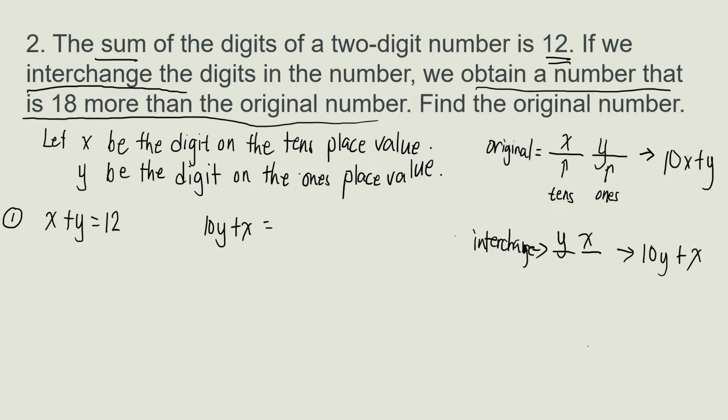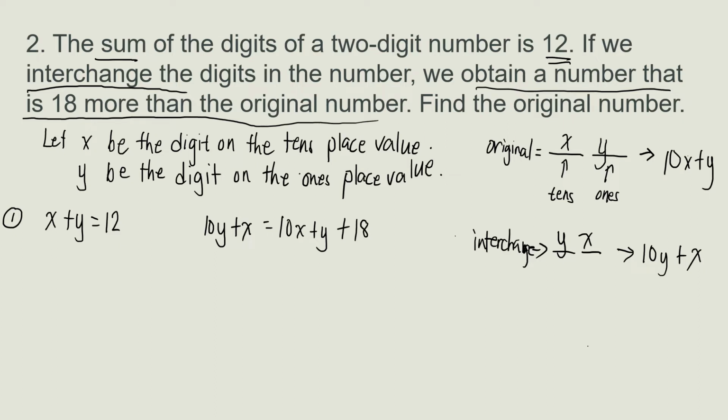If your original number is 10x plus y, 18 more than that, how do we write that? You will have 10x plus y, the original number, plus 18. That's why you have 10x plus y plus 18. So this is your second equation.